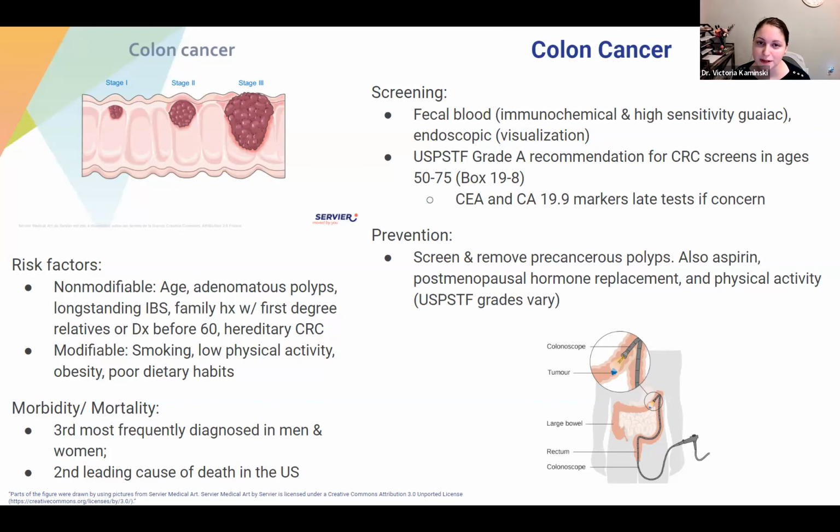A colonoscopy is more expensive and more invasive, so we are trying to do the least expensive and least invasive first. That's something to always remember for boards: you want to do your least expensive, least invasive test first, as it's the safest way to treat your patient and the most inexpensive, of course. So again, prevention is going to be based on removing any cancerous polyps, as well as knowing the patient's risk.